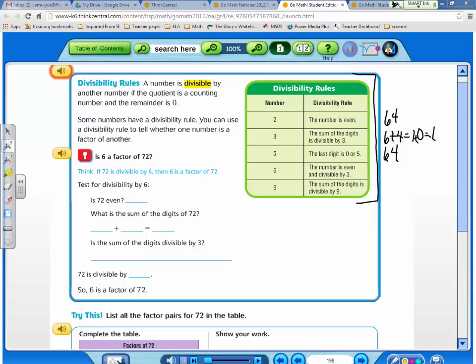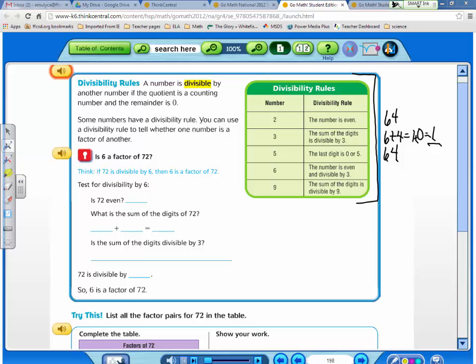For 64, we said yes, it was divisible by 2, but no, it was not divisible by 3, so it is not divisible by 6. And for checking for 9, again, we would add the digits, and if the sum of the digits is divisible by 9, then the whole number is divisible by 9. And since 1 is not divisible by 9, the whole number 64 is not divisible by 9.